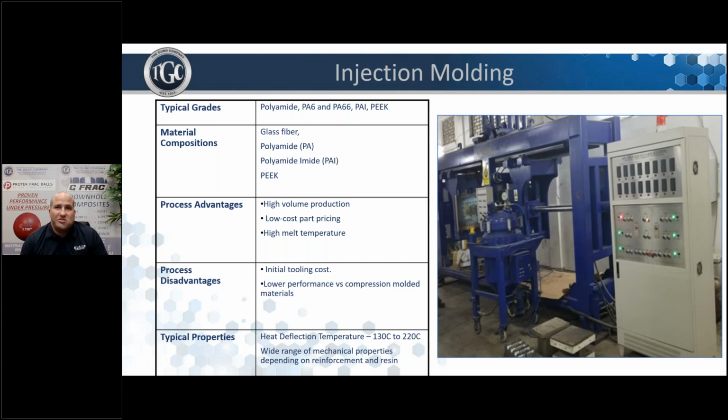Some of the advantages of injection molded parts are that they allow the highest production volume output of all the different composite manufacturing styles. That is due to the shorter cycle times, which leads to low-cost part pricing. Injection molding also allows for parts with complex details that you might not be able to achieve with compression molding. And thermoplastic parts are also the best option for parts needing flexibility and extensibility.